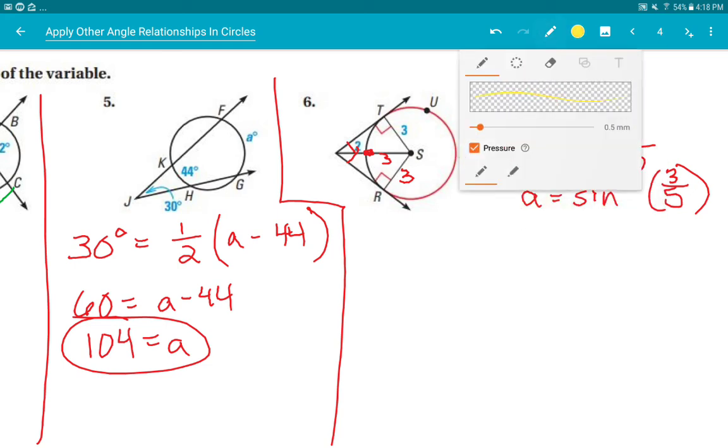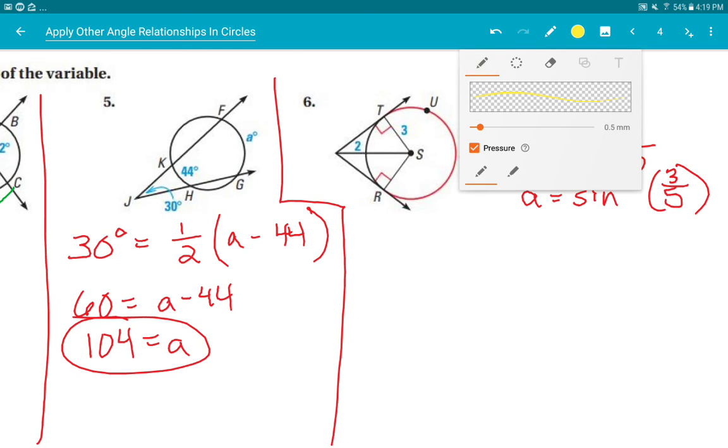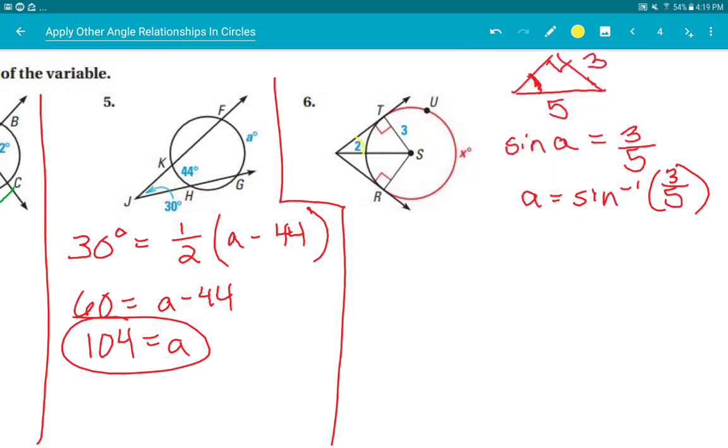Let's erase some of this so we're not getting confused. This angle here is equal to the sine inverse of 3/5. Since these two right triangles are congruent, this entire angle here is equal to 2 of those. So in reality, what we want to work with is 2 sine inverse of 3/5, and we'll plug this into the calculator once we're all done.